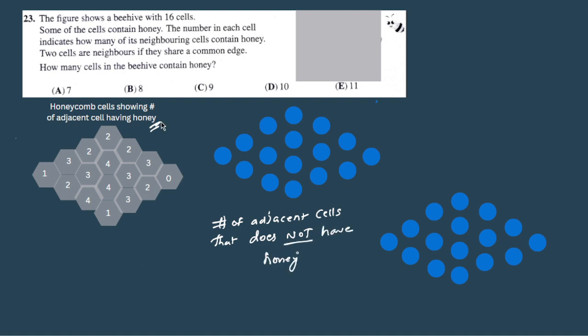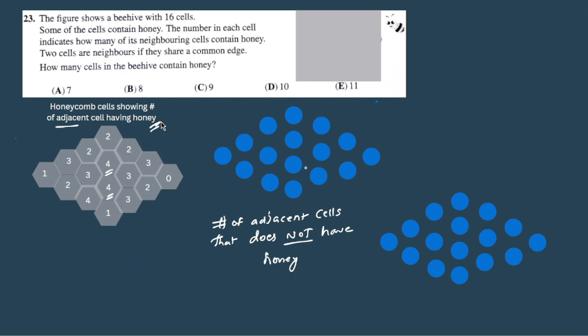The reason I'm doing that is because some of these numbers are big, and we are trying to figure out which of these cells have honey or not, and these numbers are showing the number of adjacent cells. So let's get these numbers to a smaller number so that we can visualize it in a different way.